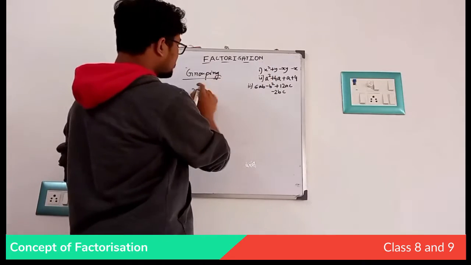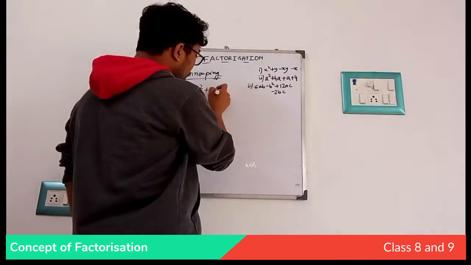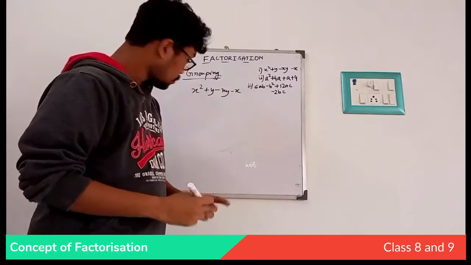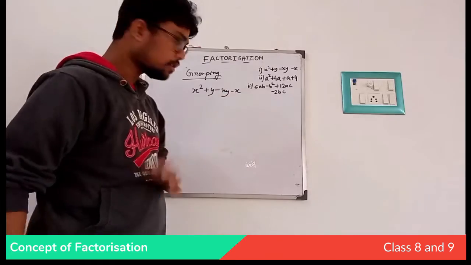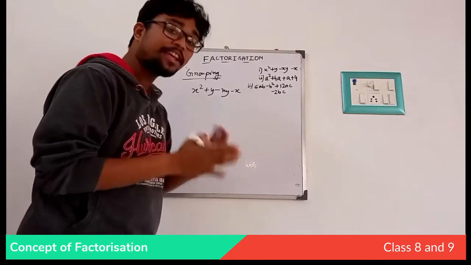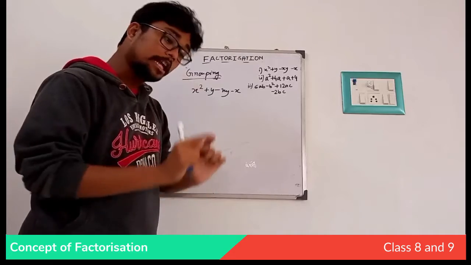So the first problem is x square plus y minus xy minus x. We have to take two terms in such a way that we get a common part in both terms.